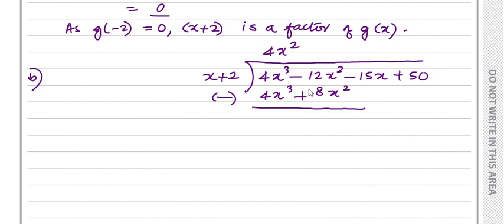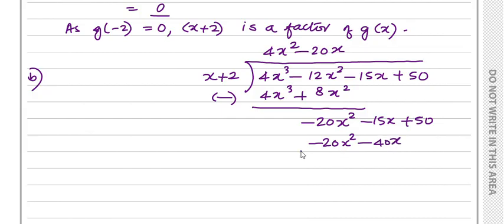So this is 0. Minus 12 minus 8 is minus 20x squared minus 15x plus 50. Okay. So the next thing we have to see is how many times x will go into minus 20x squared. So minus 20x. That will be minus 20x squared minus 20 times 2, 40x. Again subtracting, we get 0 here, but here minus 15 minus of minus 40 will make it plus 25x.